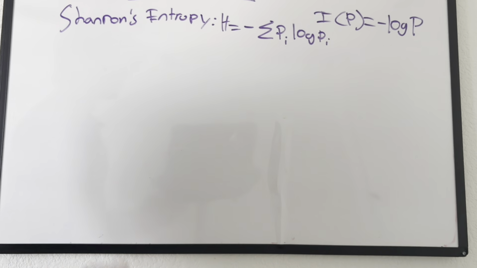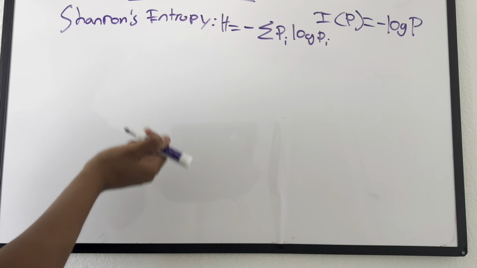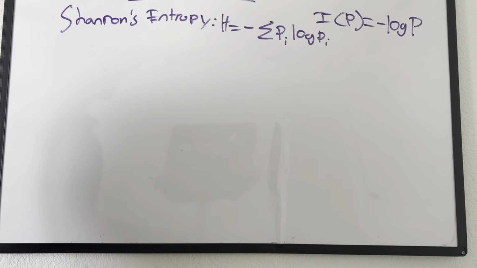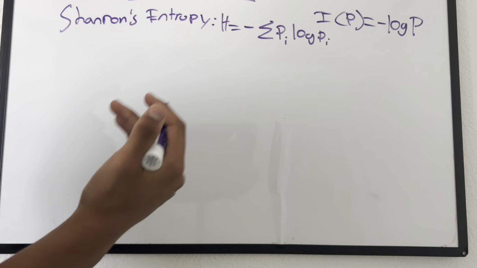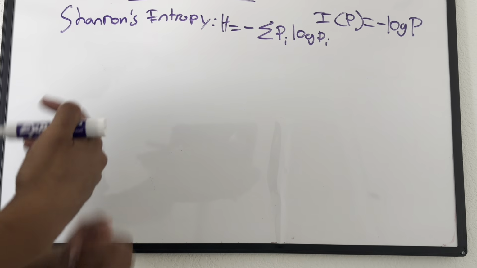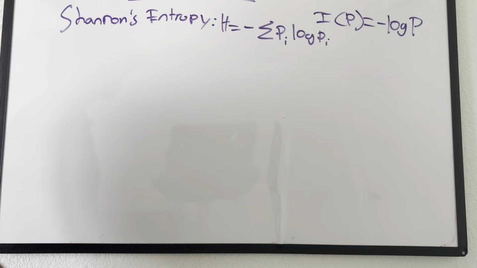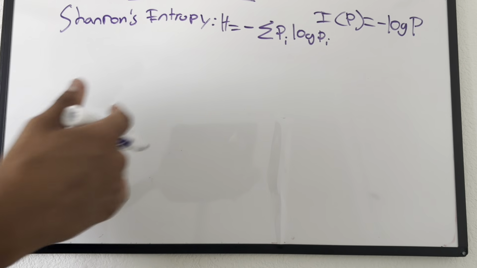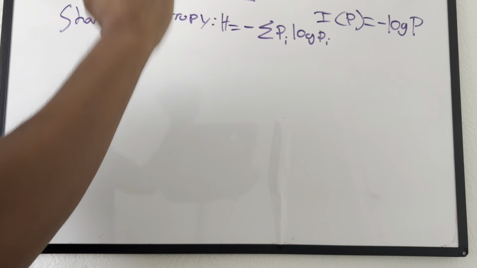Okay, so let's go back to information in general. Specifically, let's ask the question of what happens when there is a constant stream of information, or multiple events of information. For example, let's say we have an AI model that's reading some sort of context.